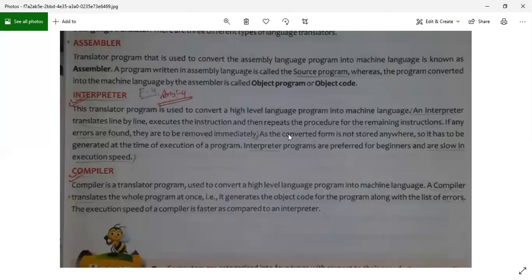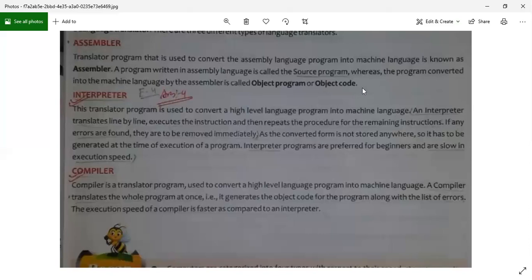Then it will go to the next line and read that line. If it sees that there is some problem in the second line, it will tell you the error. It will tell you that this is the problem and it will not proceed further. It will stop there only. So if any errors are found, they are to be removed immediately. It will not execute further. It will not check the third line, fourth line, only the second line.